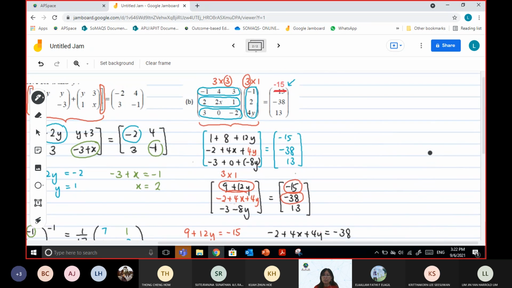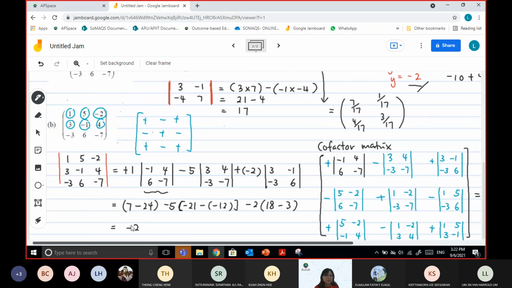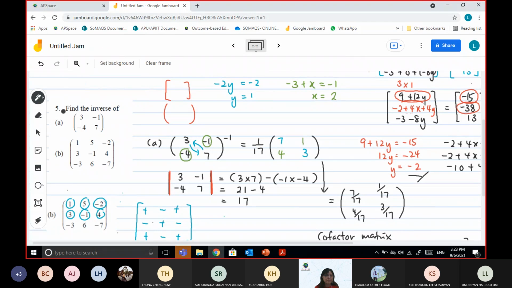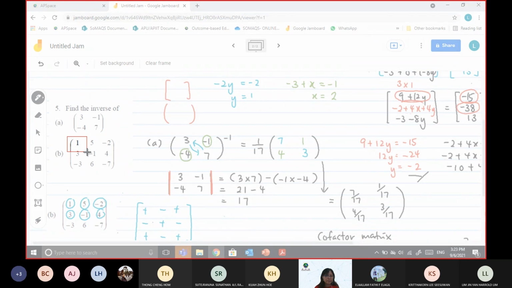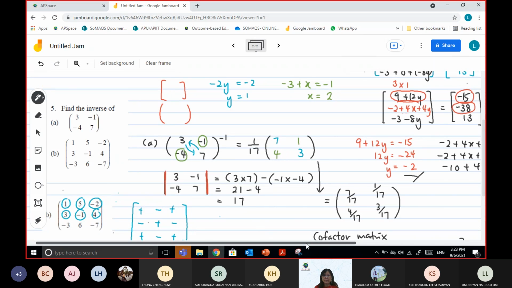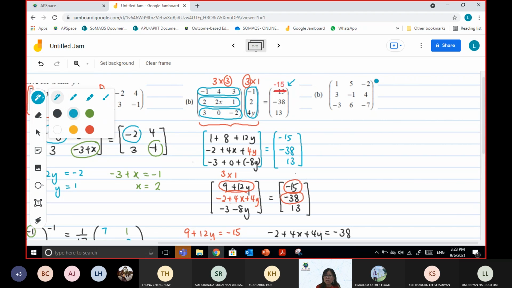After we calculate the cofactor, then the adjoint of the matrix, the last step is to find the inverse of the matrix. So this is the matrix that you want to find the inverse of. Remember the notation: when you want to indicate an inverse, we put a superscript of -1 here, meaning the inverse.